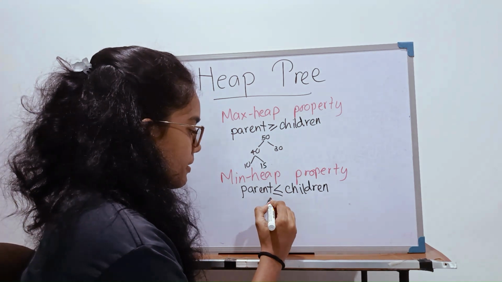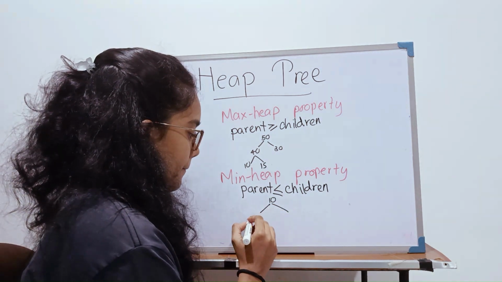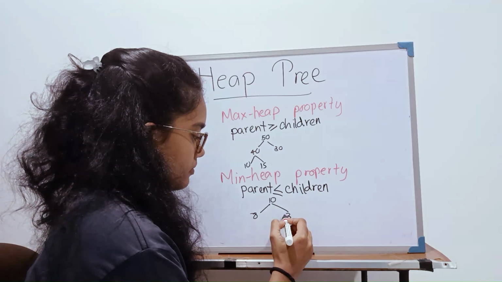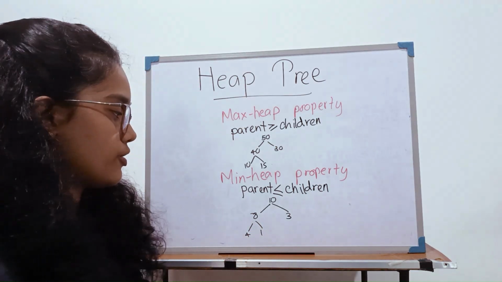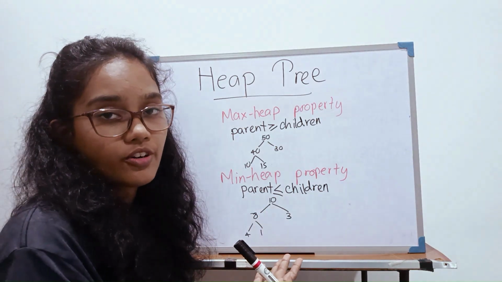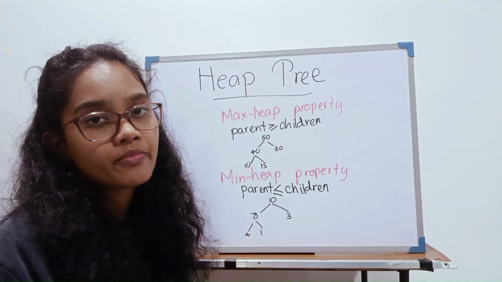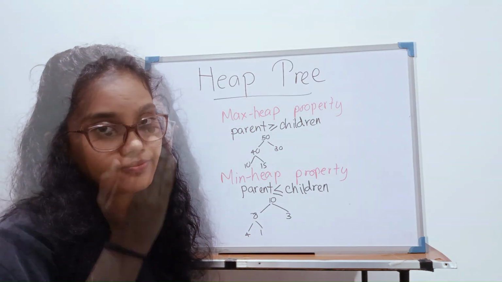For an example, we can take this, so this is an example for a min heap. So those are the two properties a heap must satisfy.